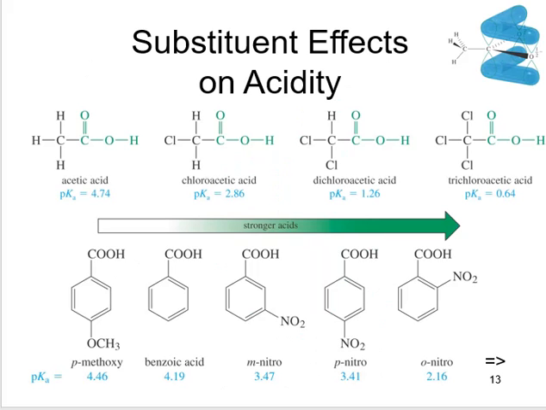So substituent effects on acidity are very clearly illustrated. Trichloroacetic acid is a much stronger acid than acetic acid.